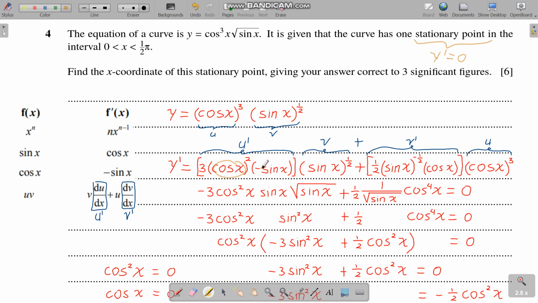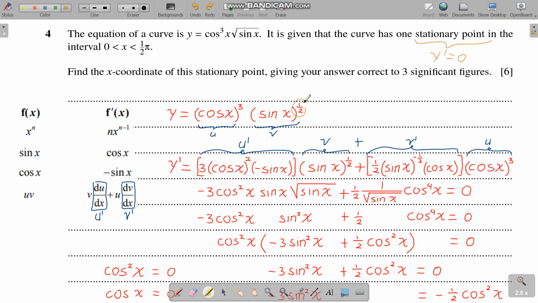We multiply by the derivative of the base. So the derivative of cos is minus sine here. So this minus sign is because of the chain rule, because it is the derivative of cos x. So this is u prime.